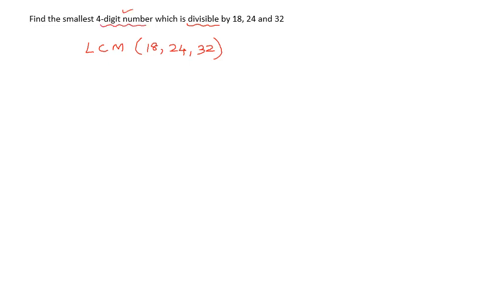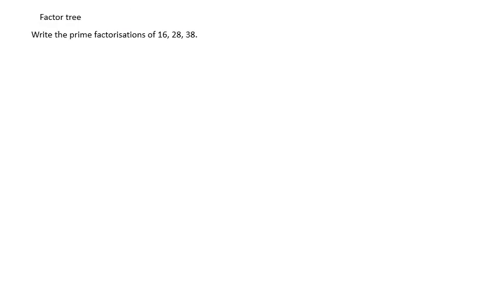This question I am giving you as homework. Okay. In the next class I will be asking you the answer for this. So you'll do it on your own. You have to find the LCM of these. And then once you find the LCM, you have to find the smallest 4-digit number. So the same way you can continue and you can find it out.